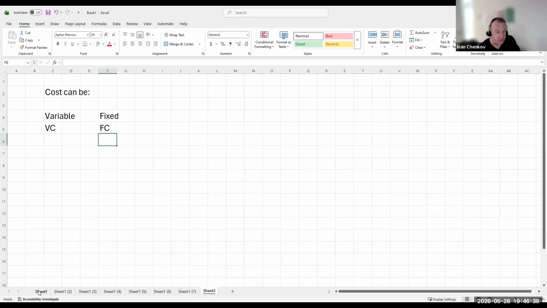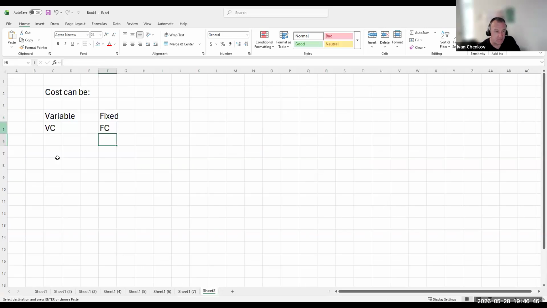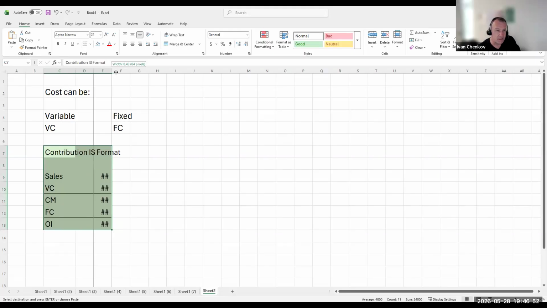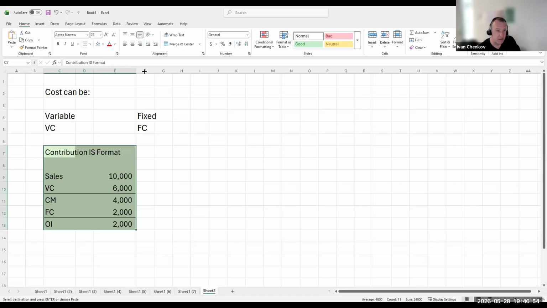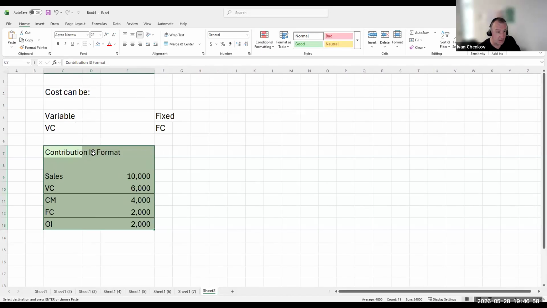That brings us to the point, what kind of companies may we see? I'm going to use this contribution margin, and I'm going to flip it right here. We may see different companies. We may see a company which is heavily exposed to the variable cost, and we can see a company which is heavily exposed on the fixed cost.